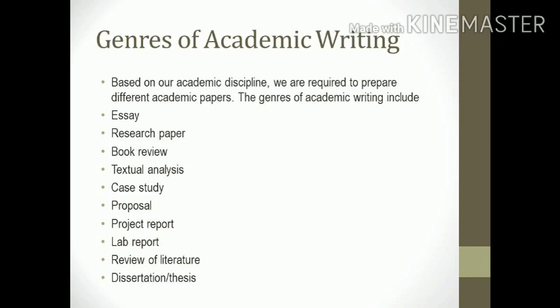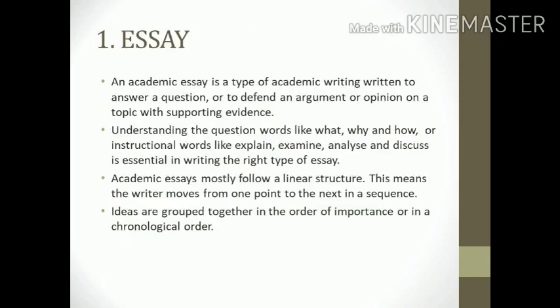The different types of academic writing include essay, research paper, book review, textual analysis, case study, proposal, project report, lab report, review of literature, dissertation, or thesis. Each type has its own features, but we should not forget that one academic text may include more than one type of writing. The first type is essay.